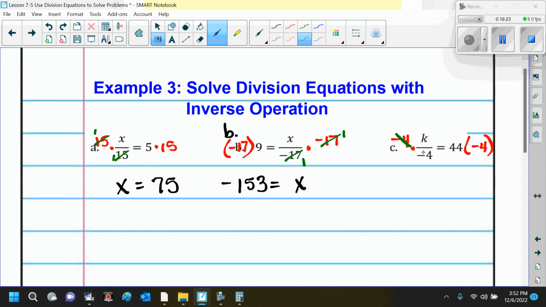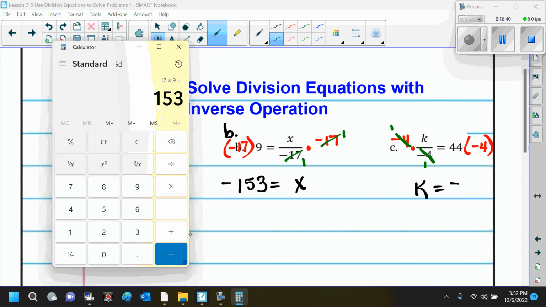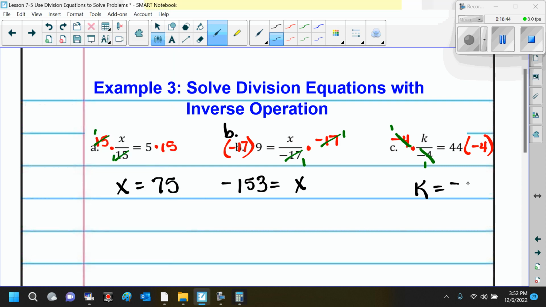So here, those negative 4's simplify to 1's. So we end up with 1 times k, which is k. And then we have a positive times a negative. That's going to give us a negative. And then we have 44 times 4, which is equal to 176. And you're all done.